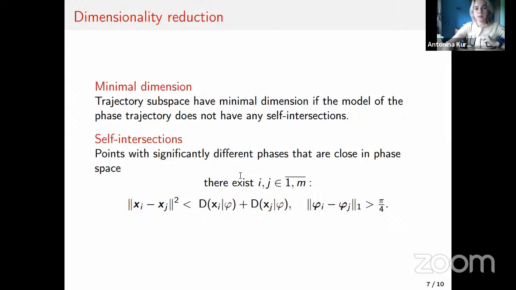So I mean that there exist indexes E and G, and the corresponding values of phases phi sub E and phi sub G differ by more than, for example, π/4. And trust areas we express by the values of variance of points x sub E and x sub G from the trajectory space.